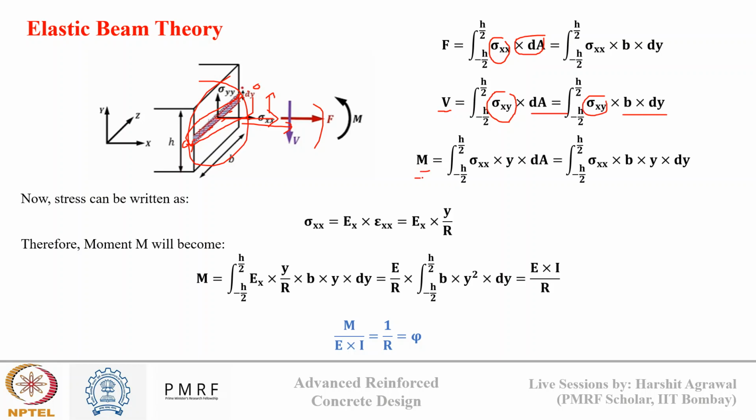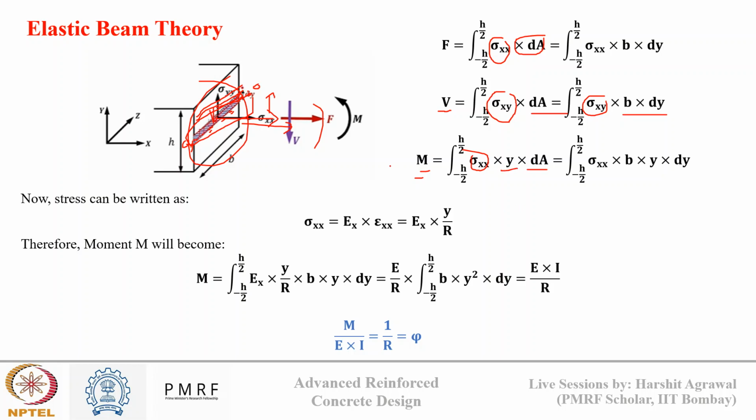And moment is nothing but the force times the distance of that element from this origin. If I take an element at a distance y from this point, the stress acting in the x direction will be sigma xx and the distance is y, so it is sigma xx times y times dA.